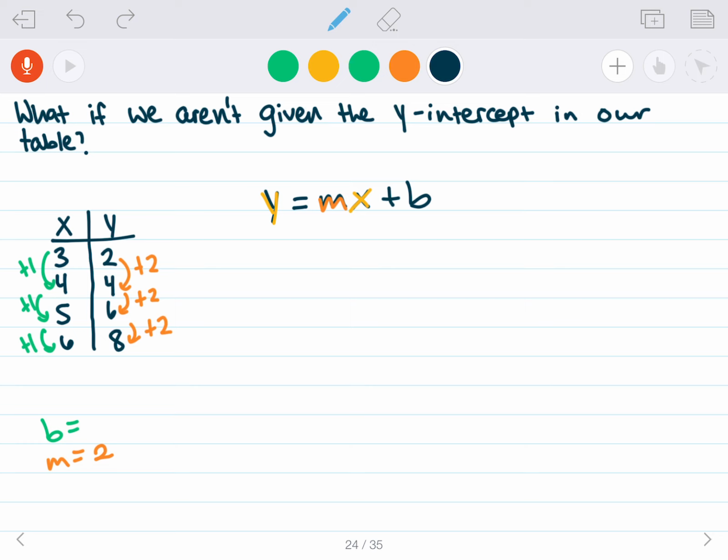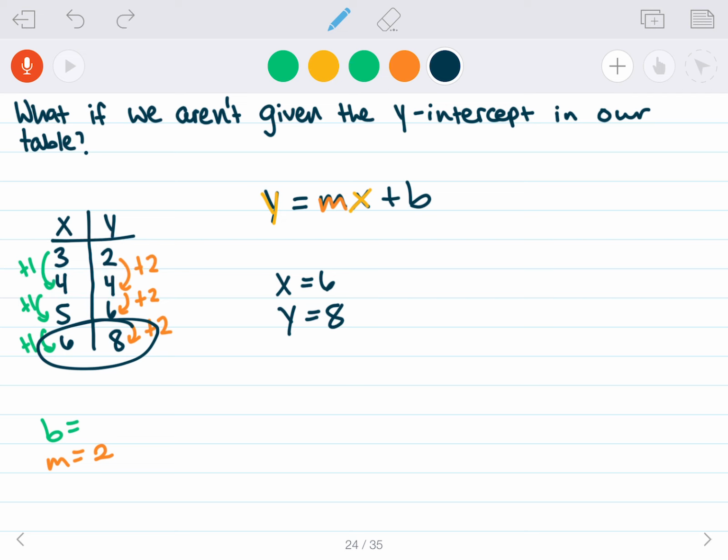Okay, so let's pick a random ordered pair on here. It doesn't matter which one you pick. I'm going to just choose this one. So there, x is 6, y is 8. You could have also chosen this one. You could have said x is 4, y is 4. Or you could have said x is 3, y is 2. It doesn't matter.